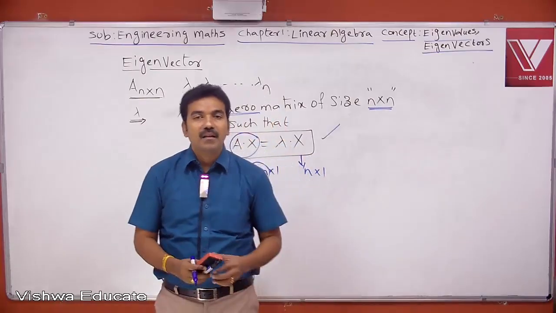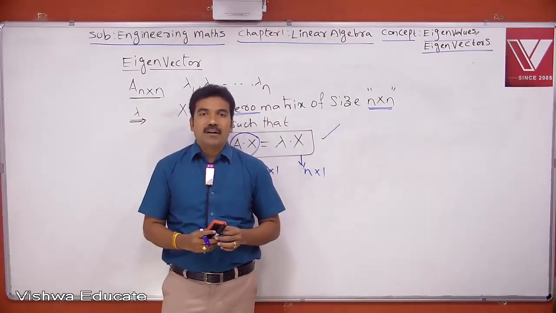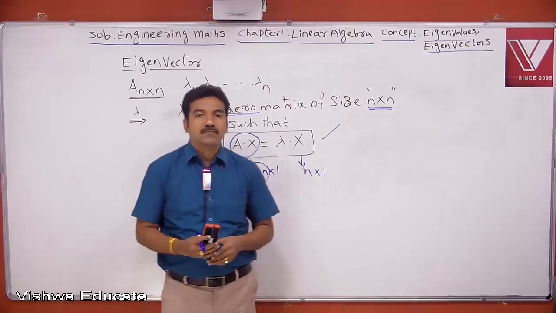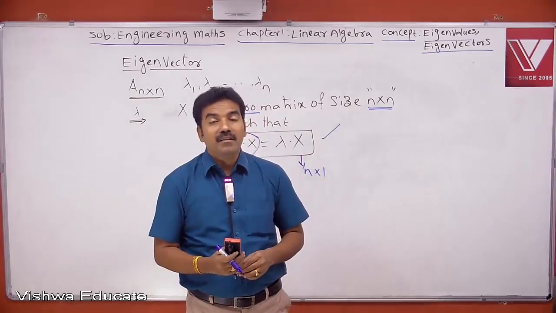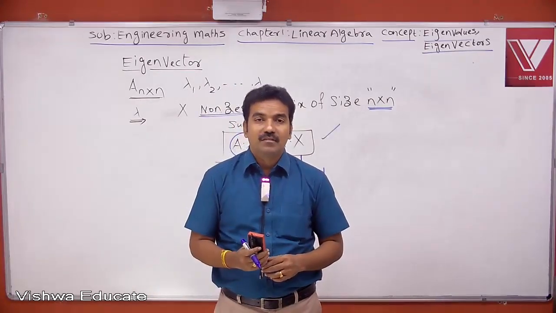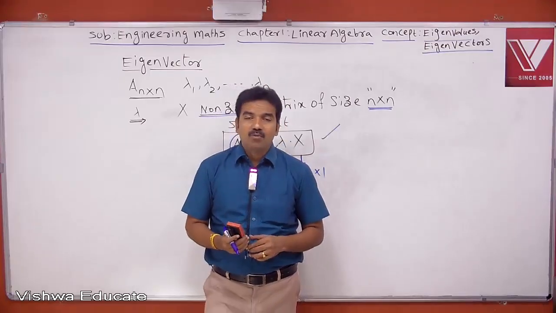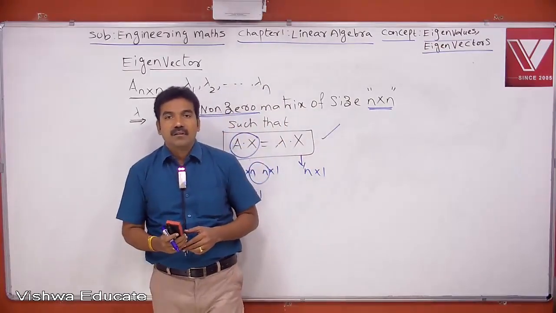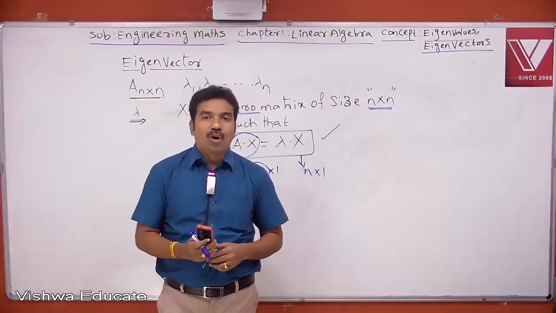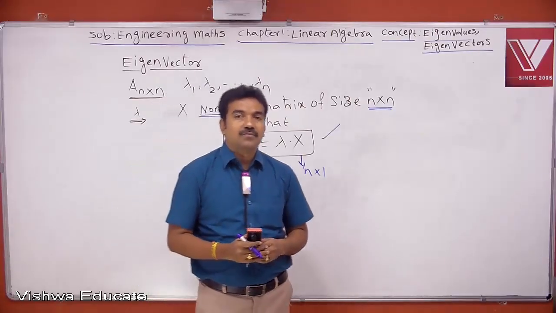Eigenvector. Let A be any n cross n matrix and lambda be one of its eigenvalues.